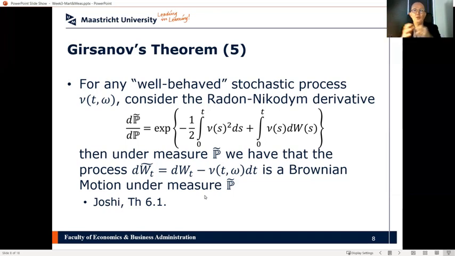So again, the way we are going to use this is we're going to say if I see a positive stochastic process that is a martingale and has expectation equal to 1, if I know the volatility of that Radon-Nikodym martingale, that volatility stochastic process can then be used to remove a drift component nu t from my original Brownian motion and make that into a new Brownian motion W tilde.